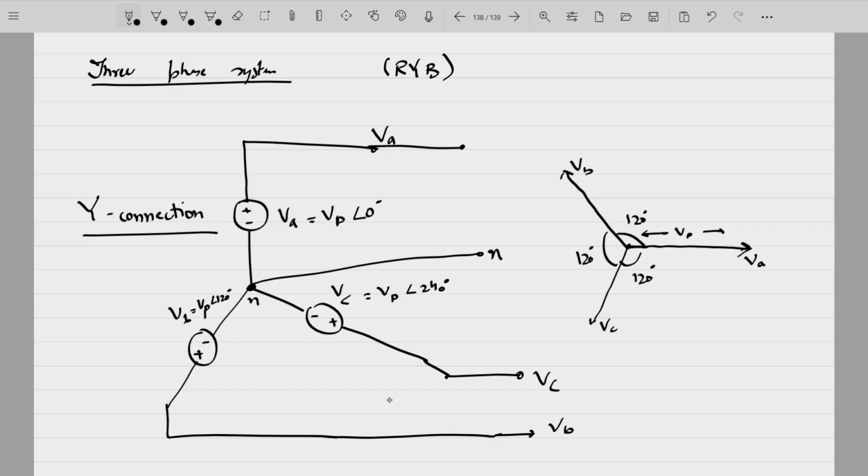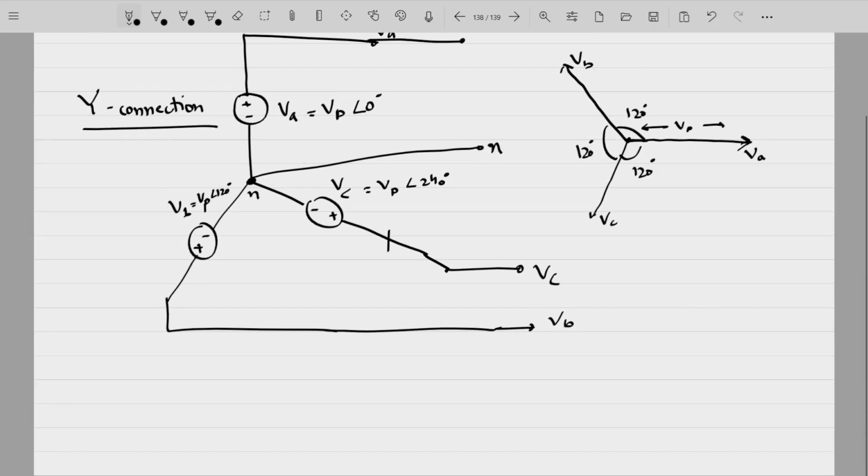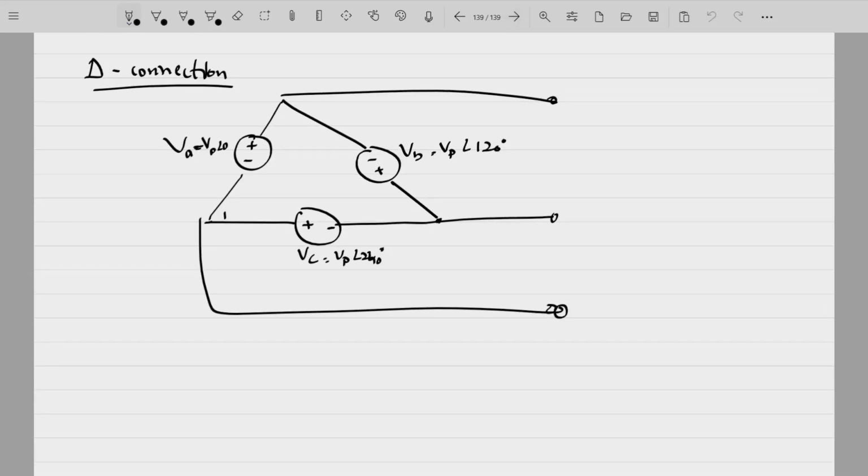With a star connection, you will always have a neutral point. So a star connection will be a three-phase four-wire system. Whenever you are told that you have a three-phase four-wire system, you will understand that the connections are made in star and there is a neutral point.